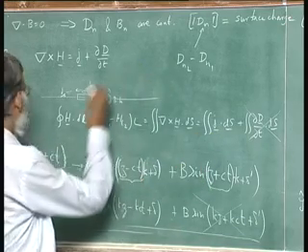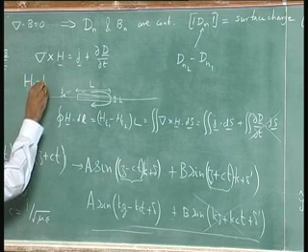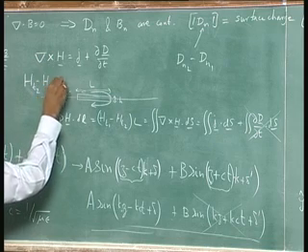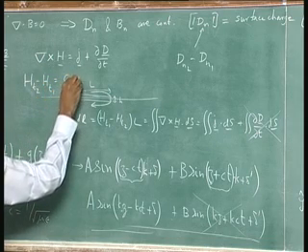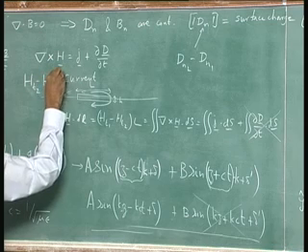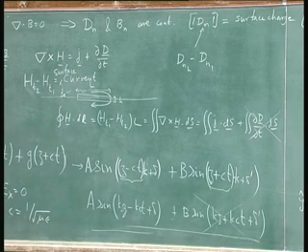So, you end up with a condition that says H tangential 2 minus H tangential 1 is equal to the surface current at that point.